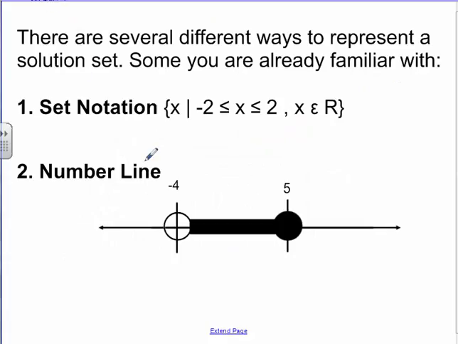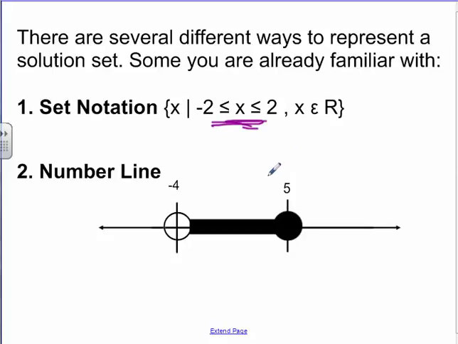I think you guys can read that. So here are the two main ways that we represent a range of answers. Again, a range kind of being a different word for the domain, what x values are valid. So here's one way you could say that x is between -2 and +2, and you put it in this sort of funky notation. I usually don't worry about the x with the bar and the y element reals part as much. Sometimes I just ask kids for this bit here.